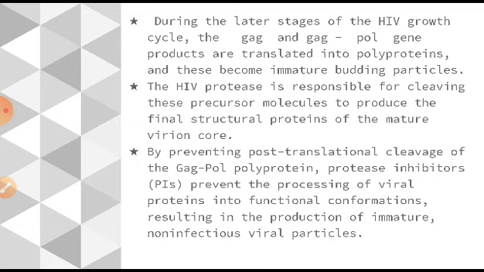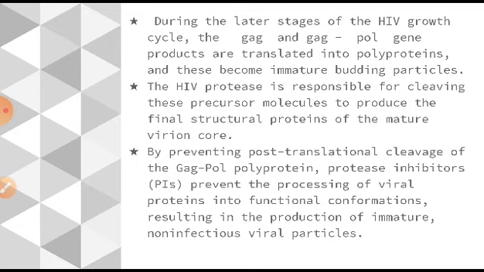In that process, if you are preventing that enzyme, this process will get affected, and then it prevents the processing of the viral protein. Then these proteins won't form, and the required proteins are not available to make a complete or mature viral particle, and then the immature viral particle will be formed.